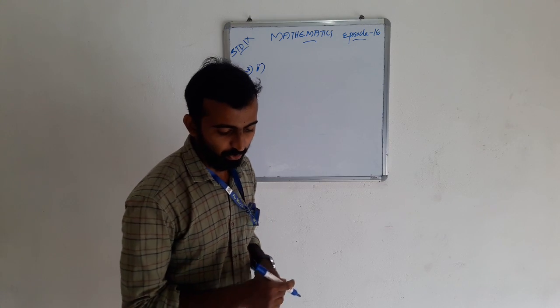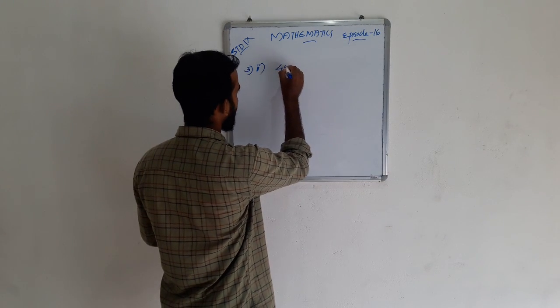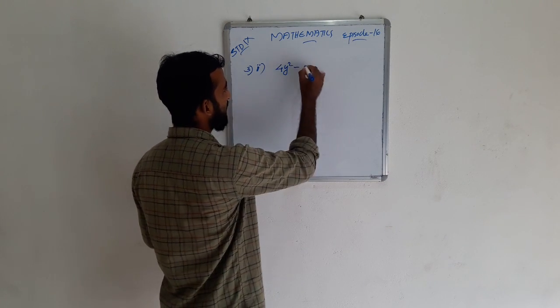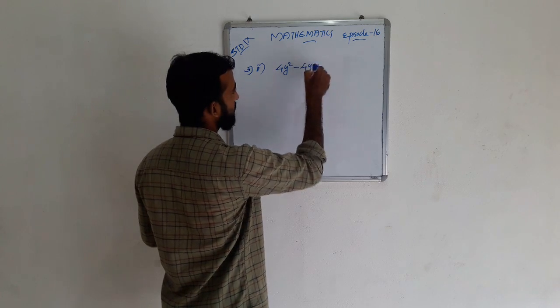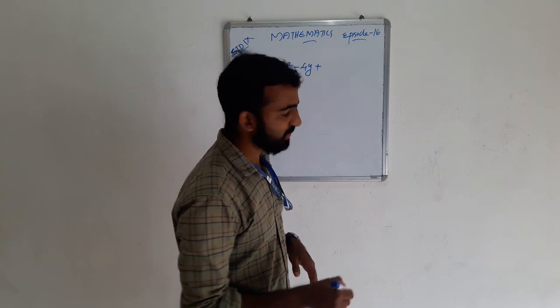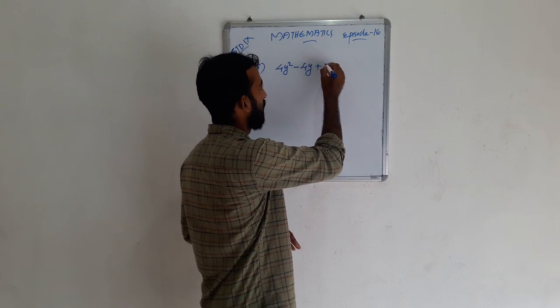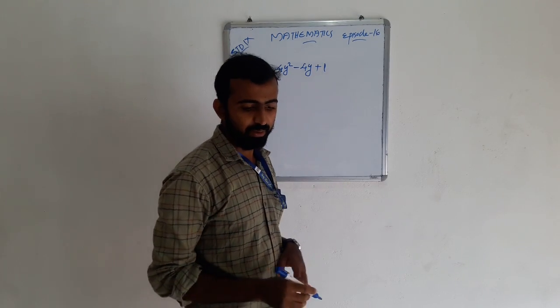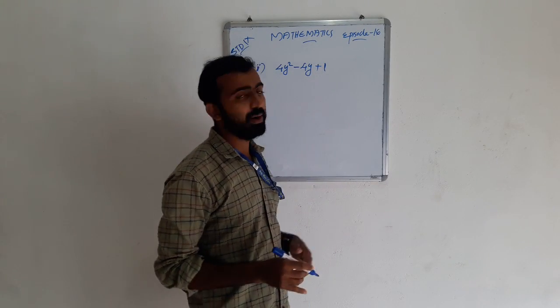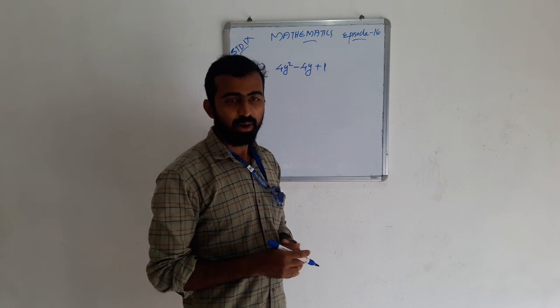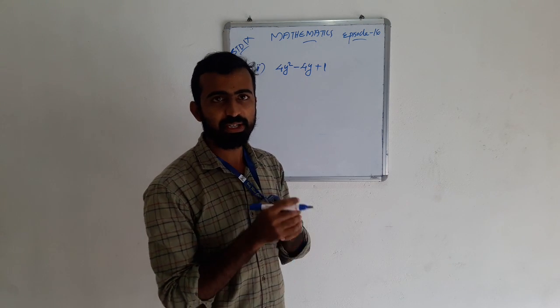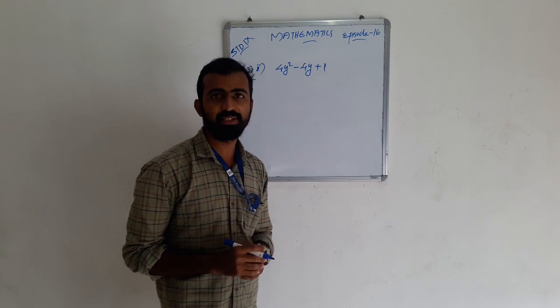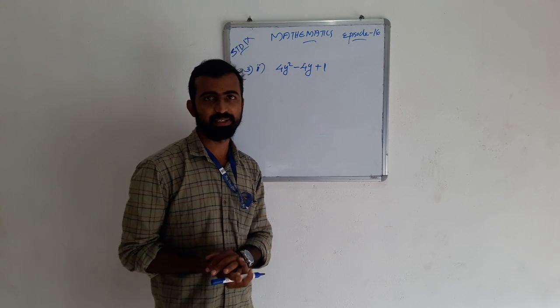The second one is 4y square minus 4y plus 1. What is the answer? We want to factorize.